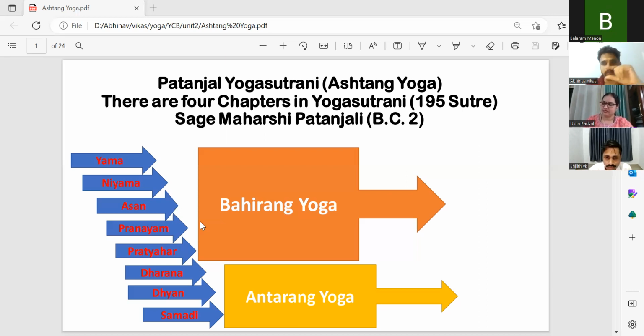The 5th limb, Pratyahara, is known as the bridge between Bahiranga and Antaranga, but it comes under Bahiranga Yoga, because in Pratyahara you turn your focus from outward to inward.